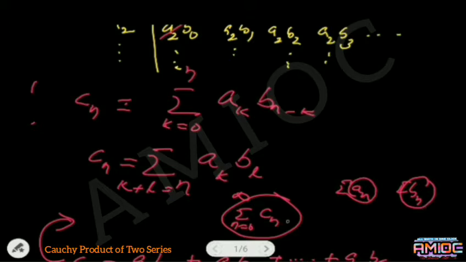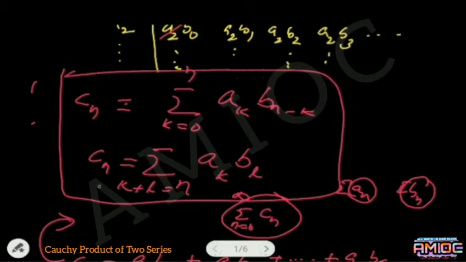Hence, we have introduced a new series summation n equal to 0 to infinity C_n, where C_n is given by these two expressions. C_n is equal to summation over k plus l equal to n of a_k b_l, and in another way, C_n is equal to summation k equal to 0 to n of a_k b_(n minus k). This series is called the Cauchy product series associated with the series summation a_n and summation b_n.